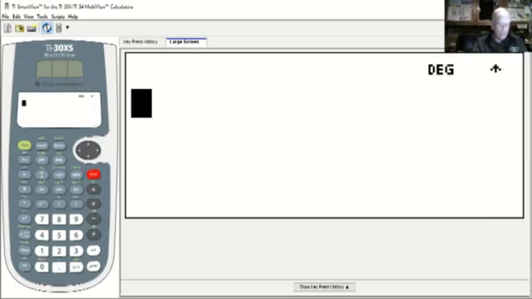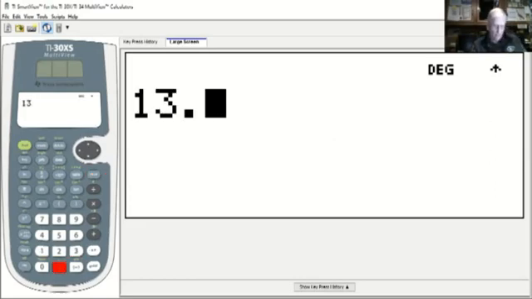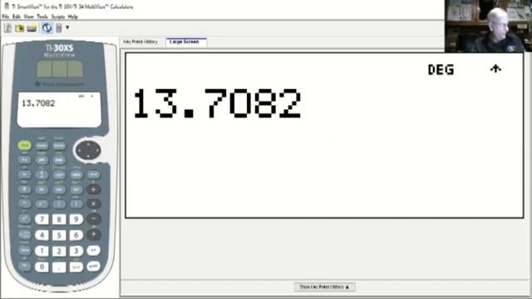So I'm going to clear this out. I'm going to divide 13.70824.